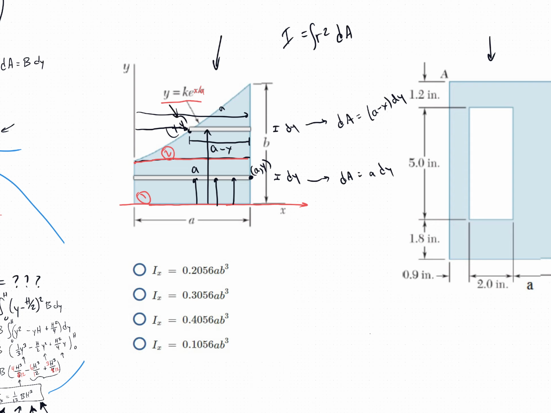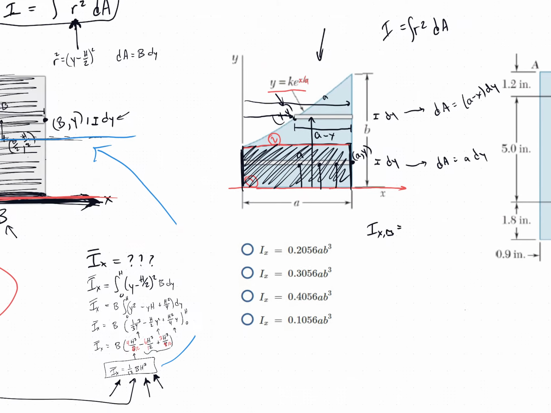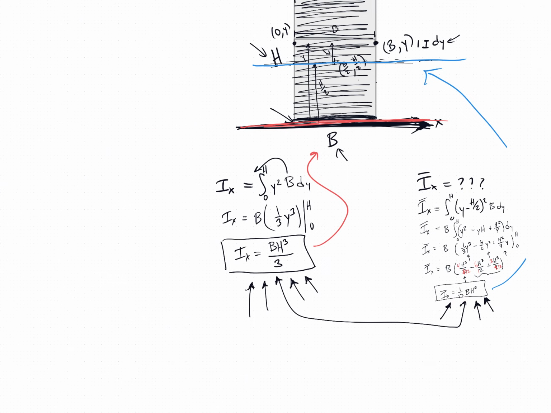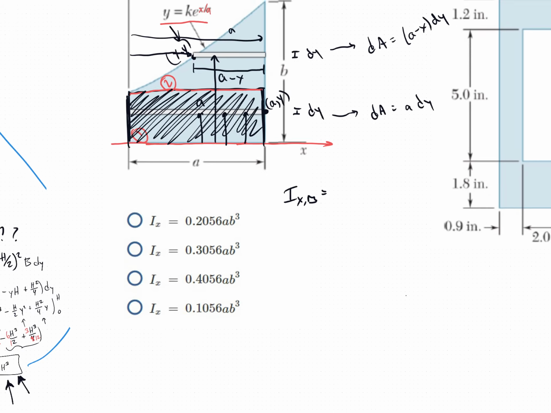Now, the other thing we're going to do to make our lives easier is note that this thing on the bottom is a rectangle, isn't it? So if we get a nice rectangle like that, I can get the Ix of the rectangle by using the formula we did over here, because we know Ix of the rectangle around its base is bh cubed over 3. So let's go ahead and do that.